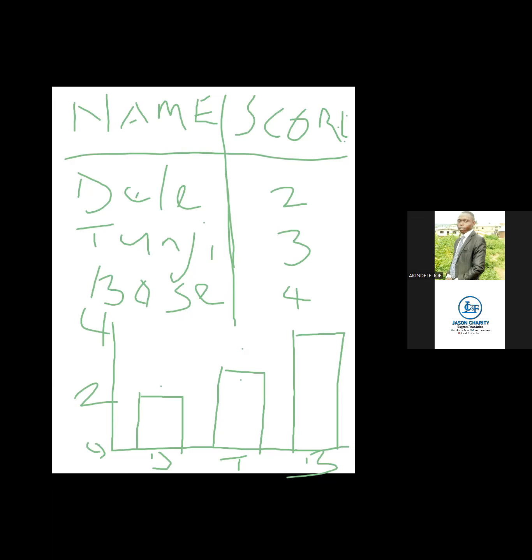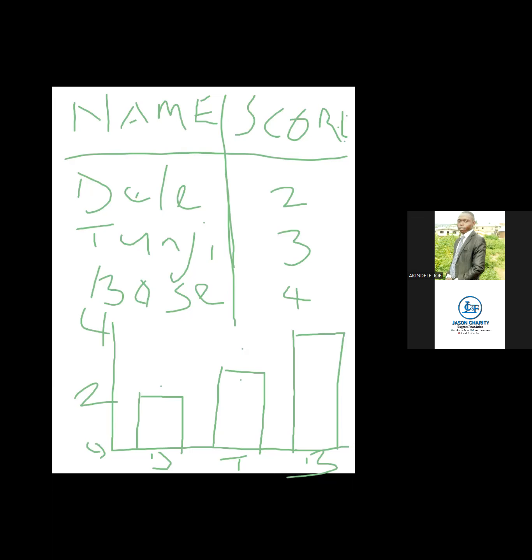Dele has a score of 2, which is the least score, and that is why the first bar has the smallest height, followed by Bosse, who has the highest score, which has the tallest bar.